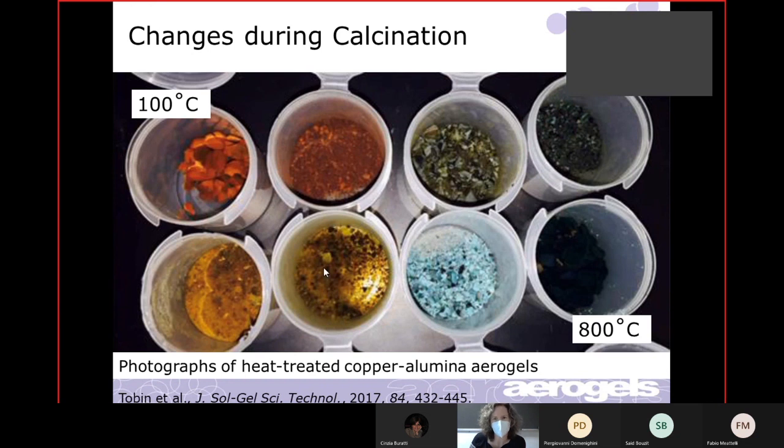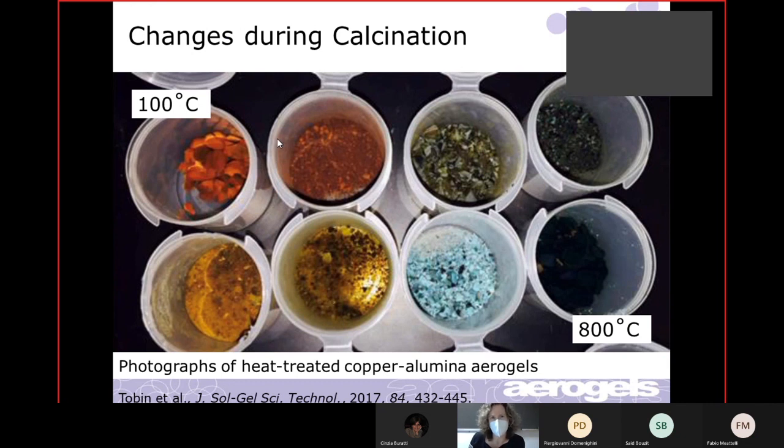Now, some of these changes have to do with what we call the ligand structure, the tightly bound chemical species around small, highly charged cations. And so we may just be seeing some changes at the lower temperatures due to desolvation as water molecules and ethanol molecules are pulled away from the copper.